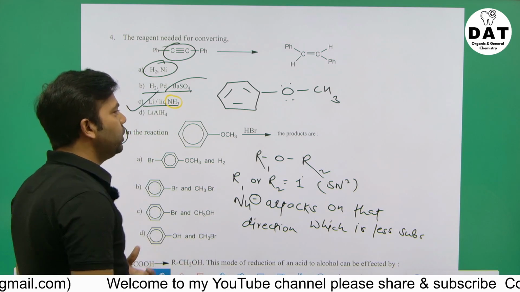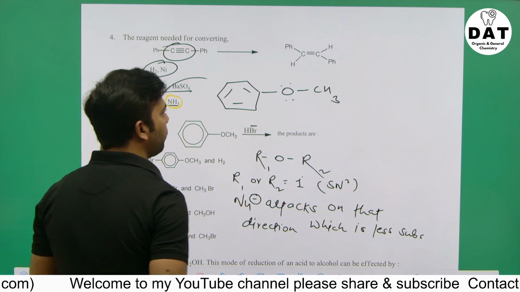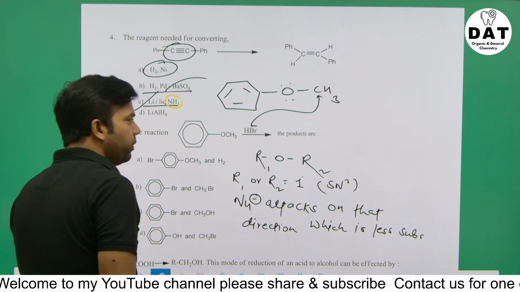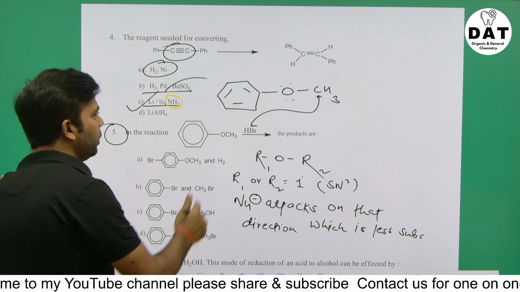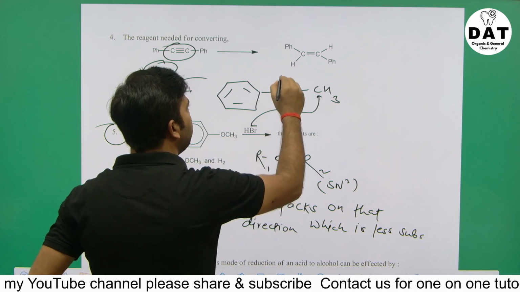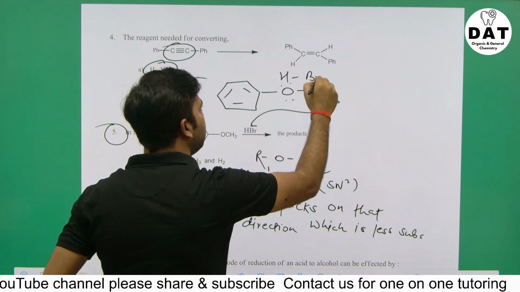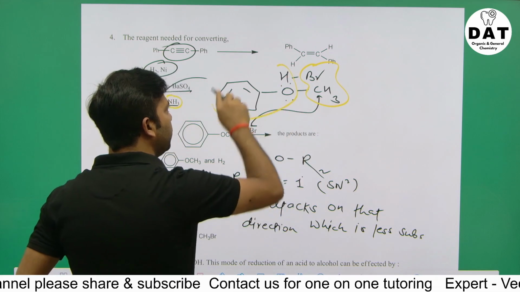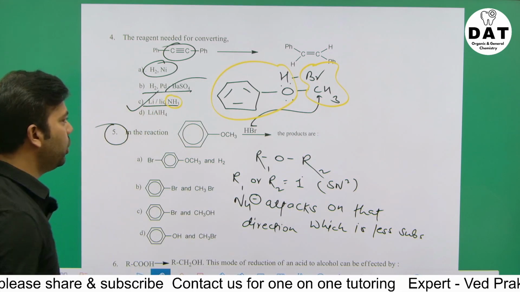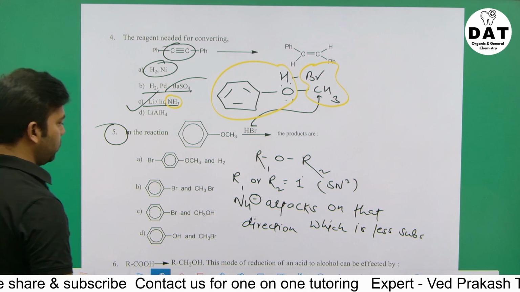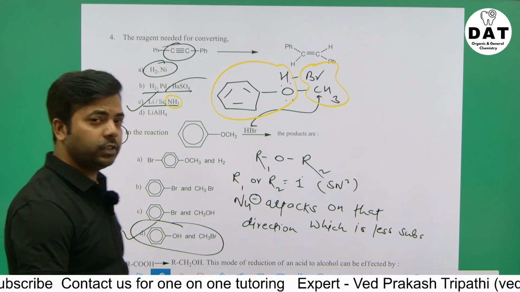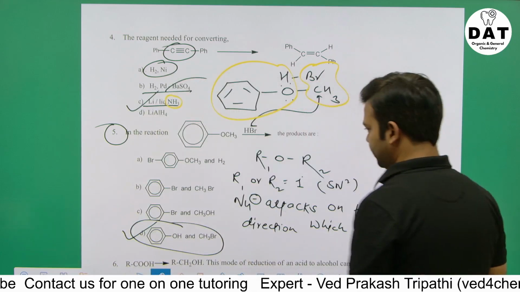Clear? So SN2 means the negative part, which is Br minus, is going to attack on this carbon. So bromine is bonded with the CH3 and hydrogen is bonded with the oxygen, HBr. So carbon goes with bromine and oxygen with hydrogen. So you have phenol and methyl bromide. So option number D is absolutely correct.